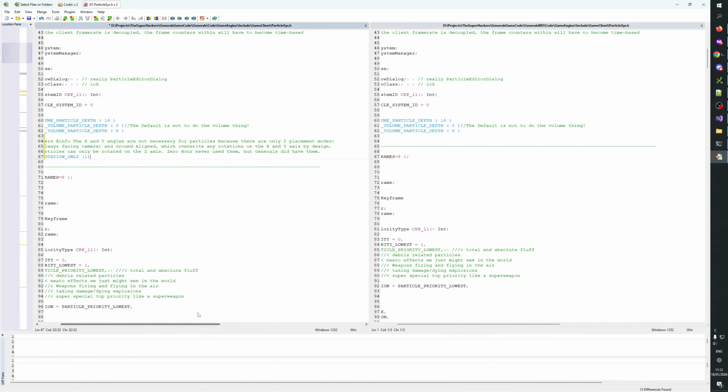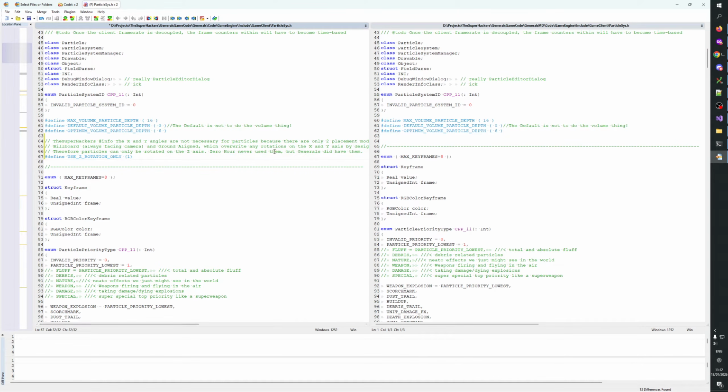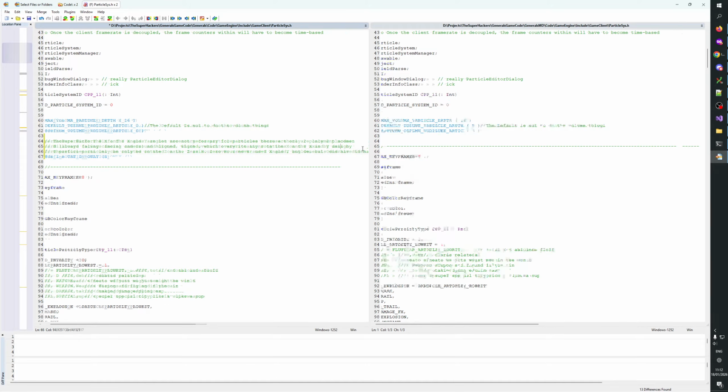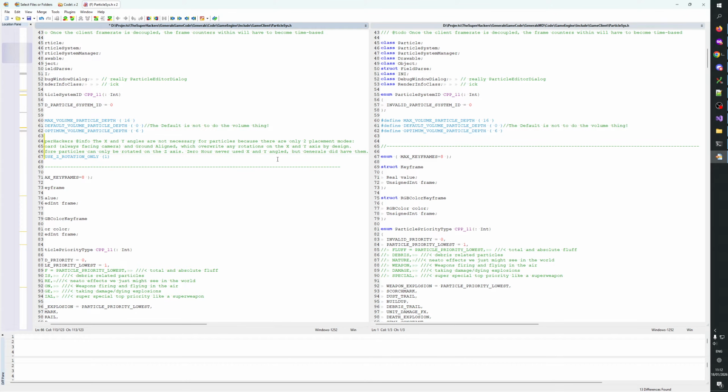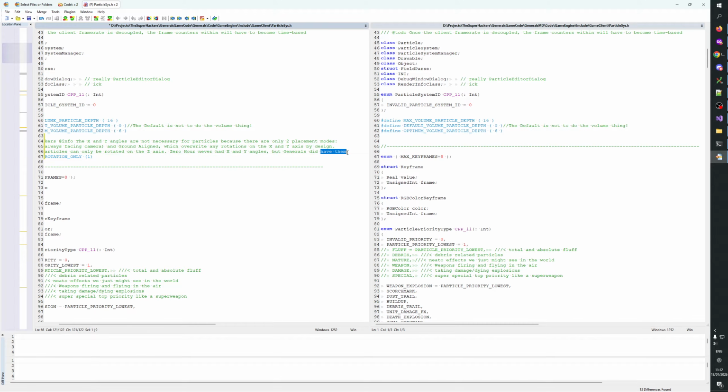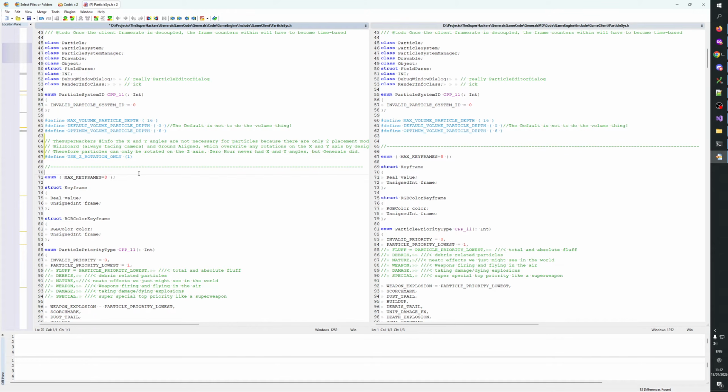Zero Hour never used X and Y angles, but Generals did. Particle use that rotation only.